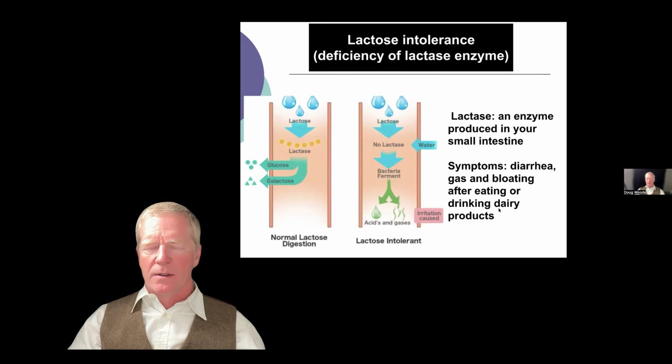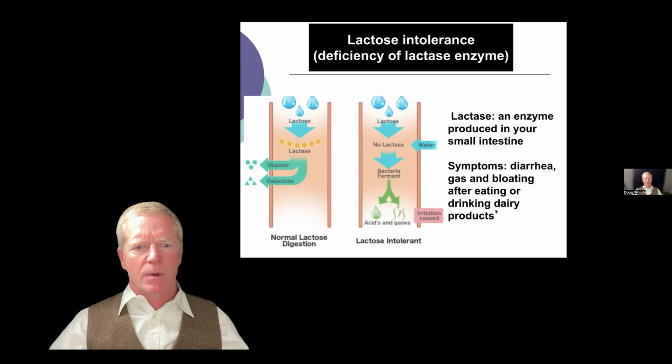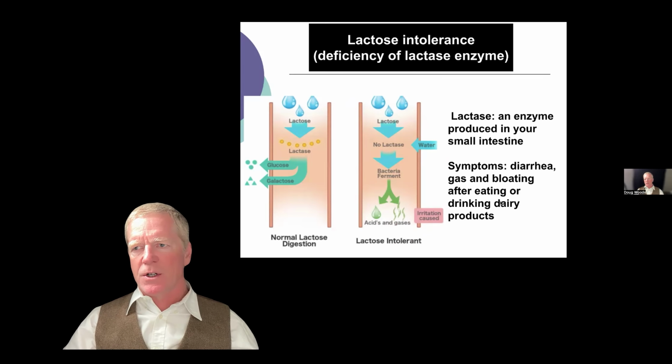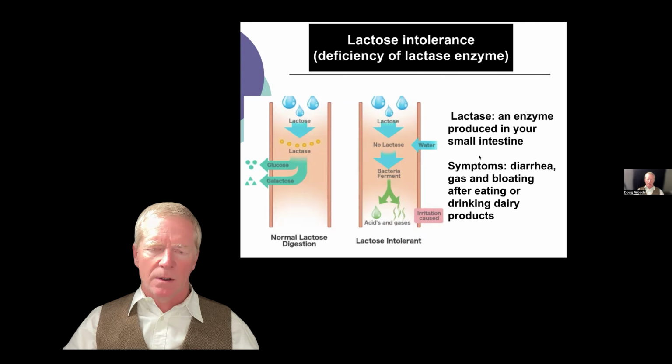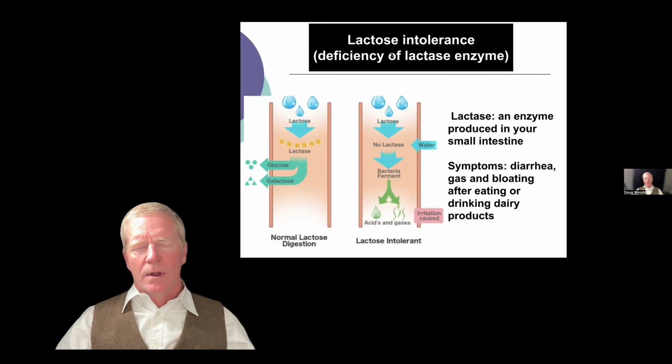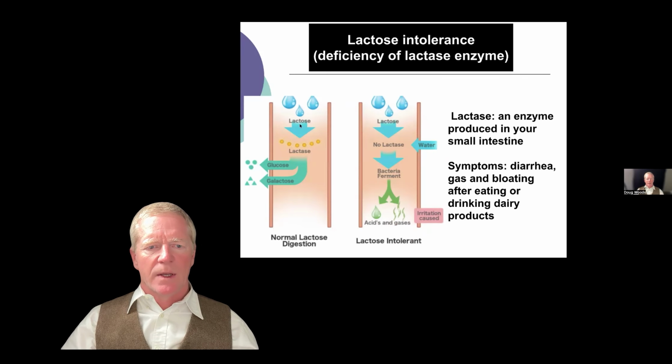One of the more common, it's not really a disease, but one of the more common nutrition problems that people have is lactose intolerance. Everybody is born with an enzyme called lactase, which allows you to digest a sugar that is present in breast milk, and that sugar is lactose.